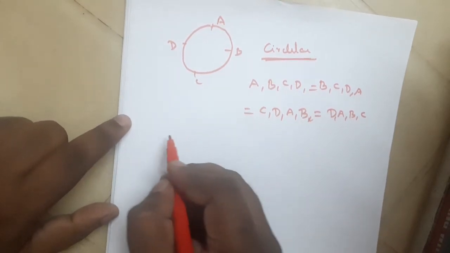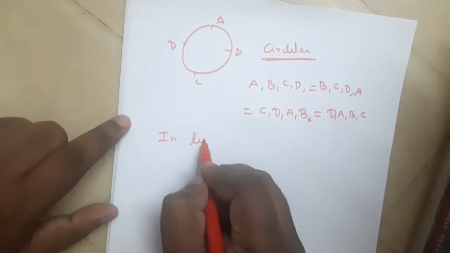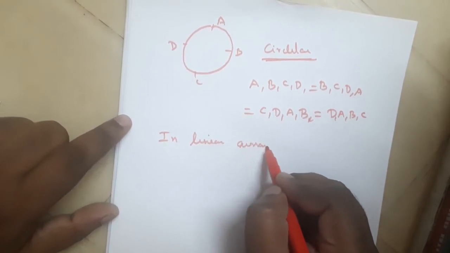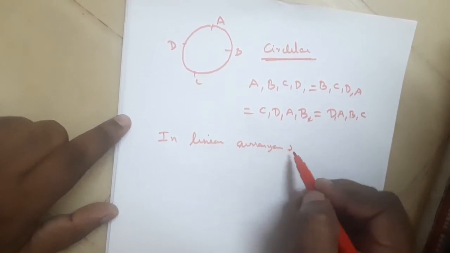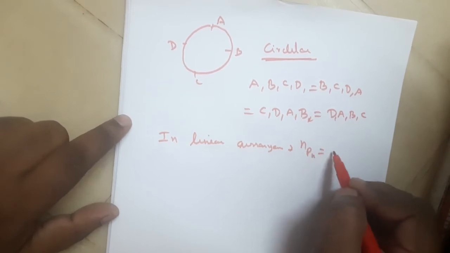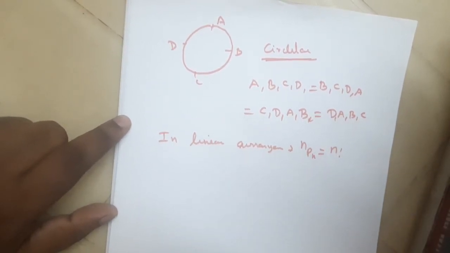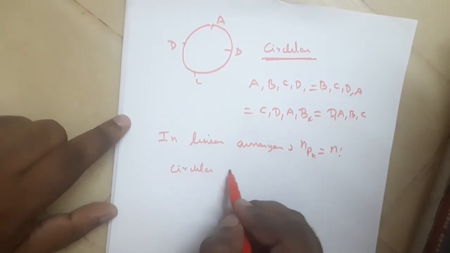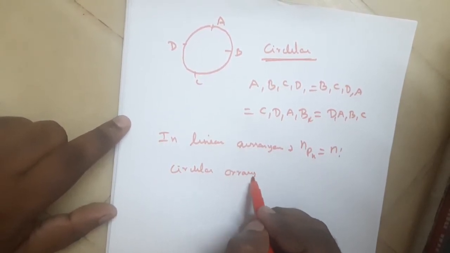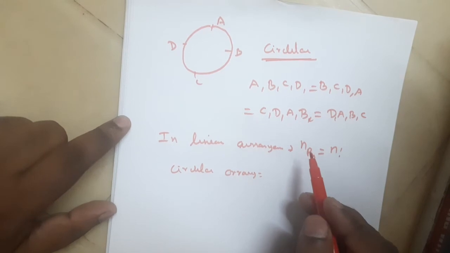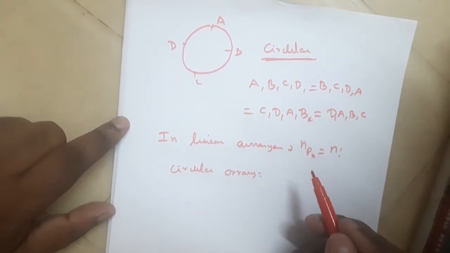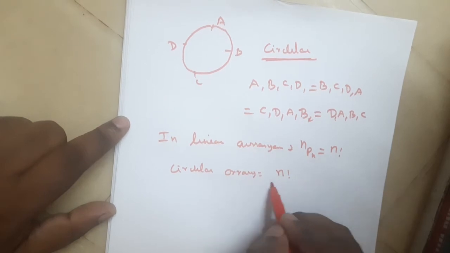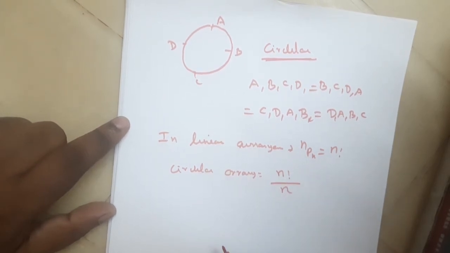So in linear arrangement, the NPN value is n factorial. But in circular arrangement, for n objects there exist n equal arrangements.